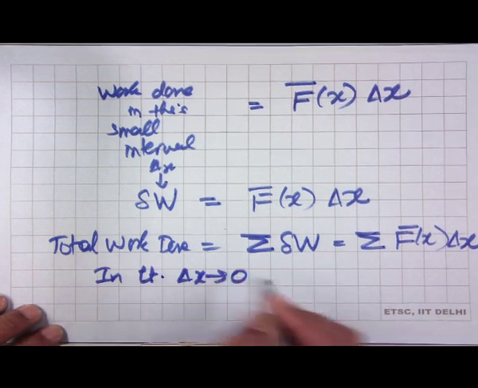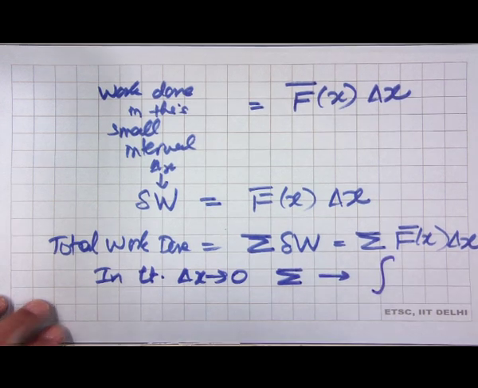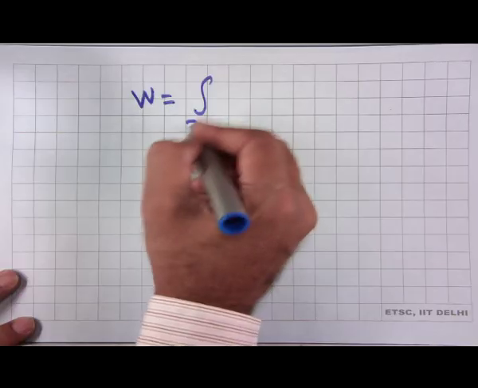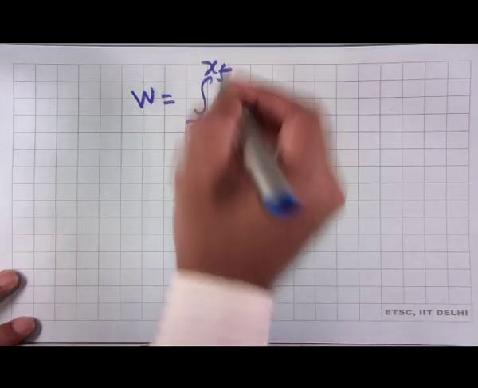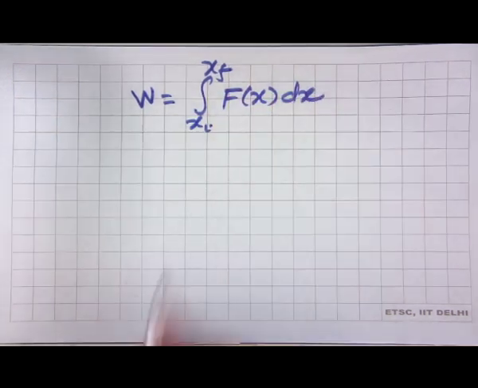delta x goes to 0, this summation becomes what we call the integral, and so therefore, the total work done is equal to the integral from xi to xf of f of x dx.